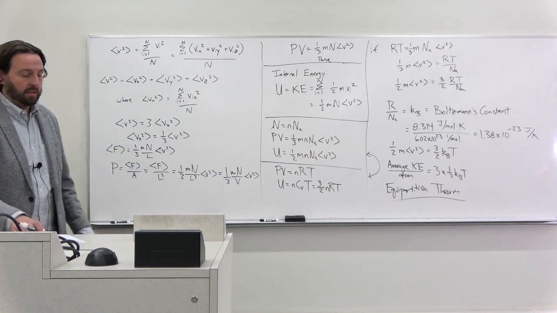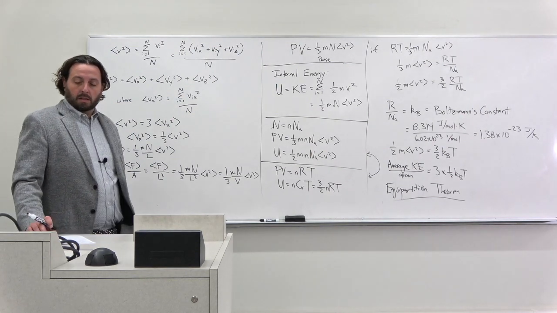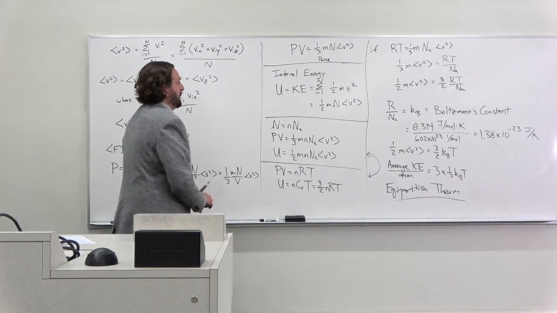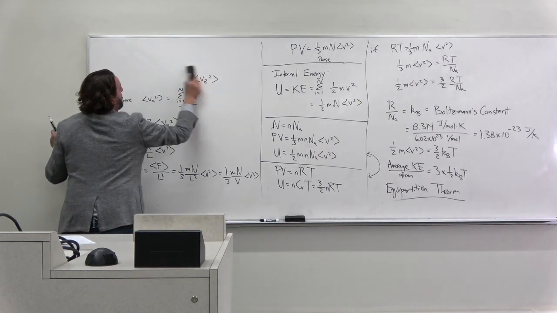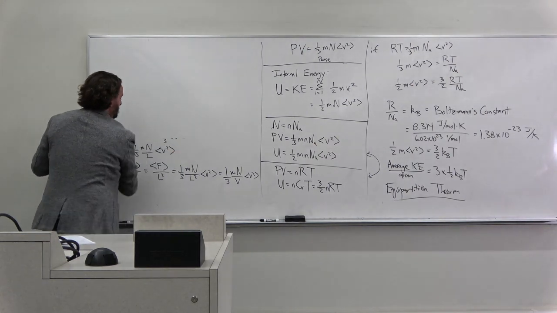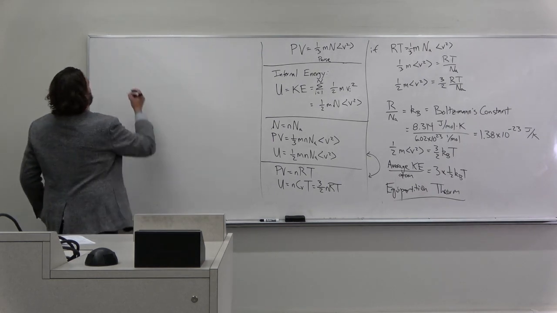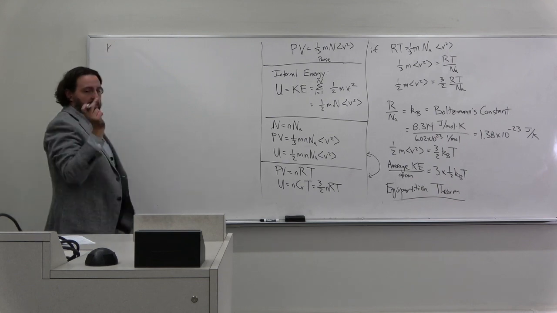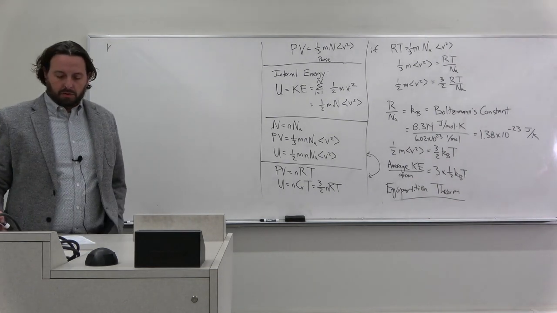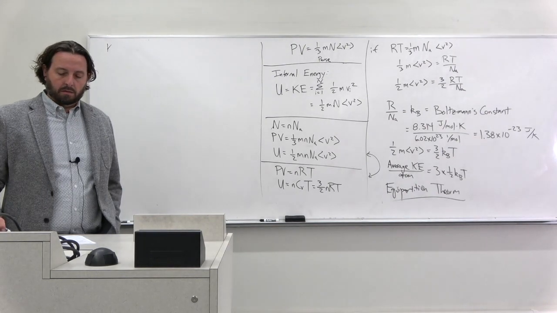These are really standalone first principle ideas. Okay, so now let's briefly take that and extend it. Let's just take a quick break and we'll do a short one where we do the kinetic theory of a diatomic molecule.